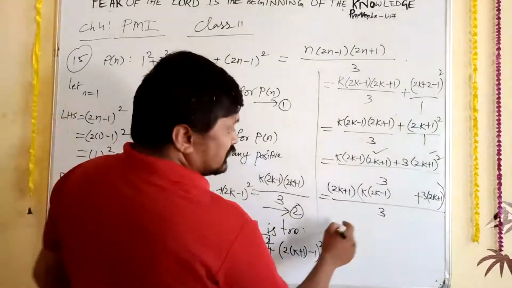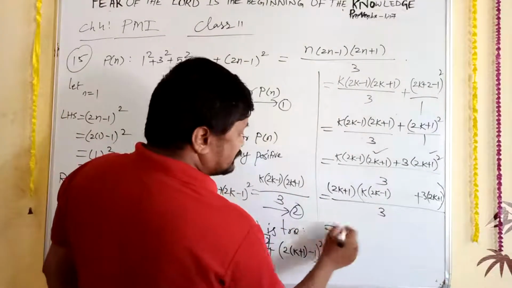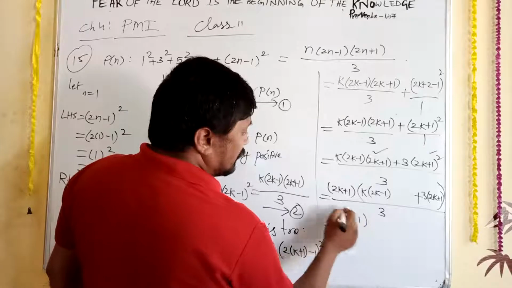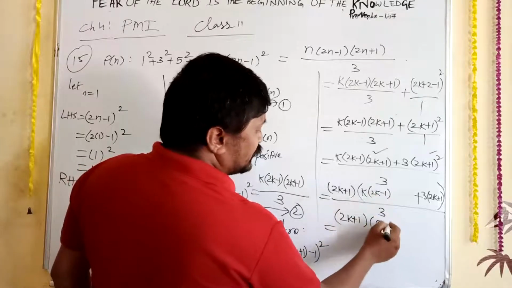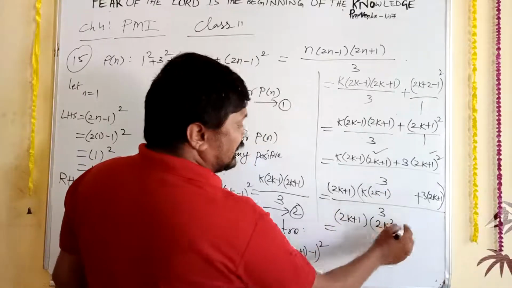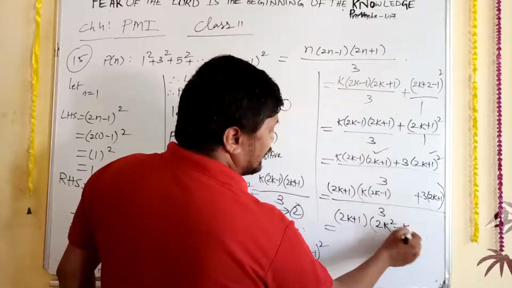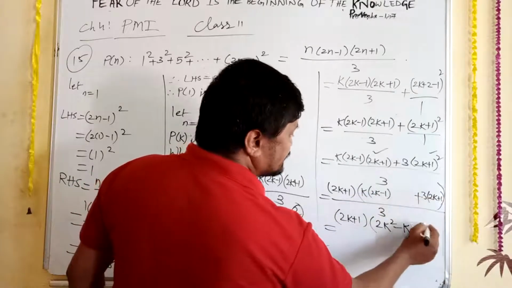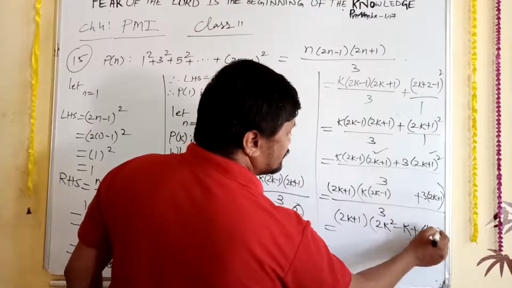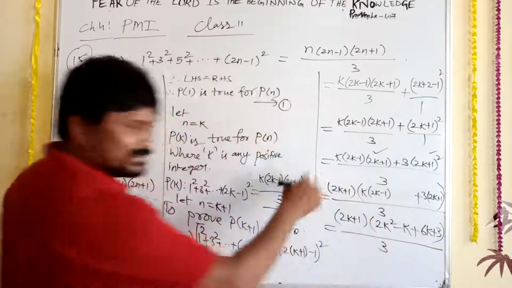Next, you can simplify this. 2k plus 1, then k into 2k is 2k square minus k into 1, minus k, plus 3 twos are 6k plus 3 ones are 3, upon 3. This is just simplification only.